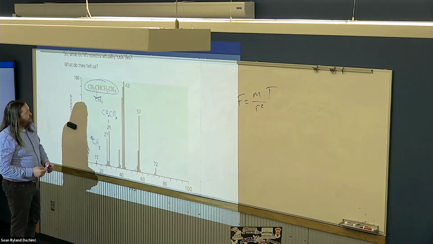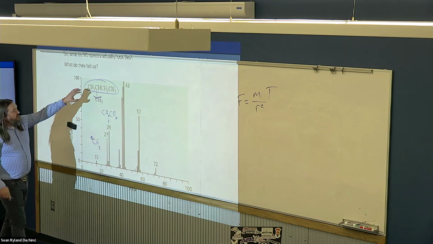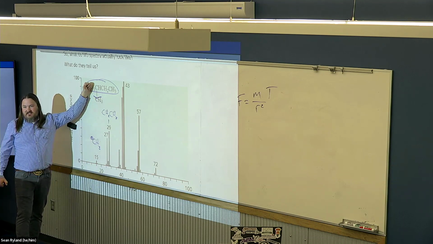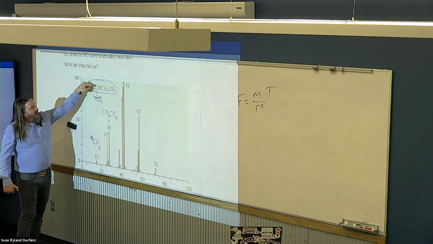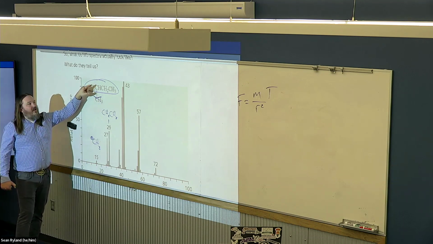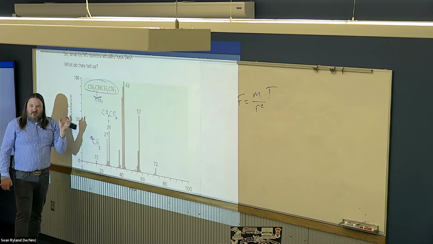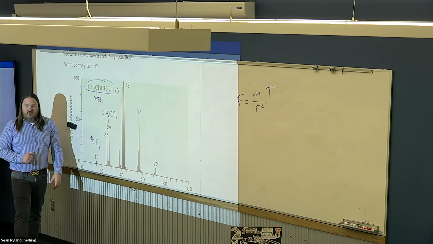So why is the 57 peak so high and the 15 peak so low? Because I don't think they'd be pretty similar. The way that these fragments work is that one of the pieces winds up taking the free radical, the unpaired electron, and the other one ends up with a positive charge. So when this splits, you get a methyl radical and a secondary carbocation. And radicals follow the same rules for stability: a methyl radical is less stable than primary, secondary, tertiary again.